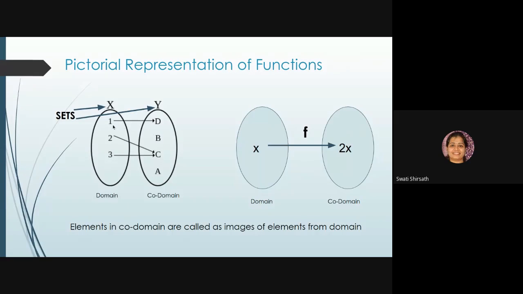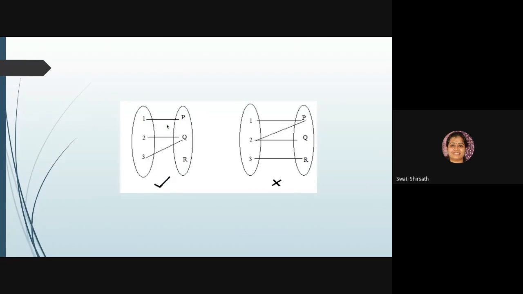If I ask you to find the image of 1, you should know it is D. It is also written as f(1), it means image of 1. And these are called pre-images. So what is the pre-image of D? It is 1. But what is the image of 1? It is D.